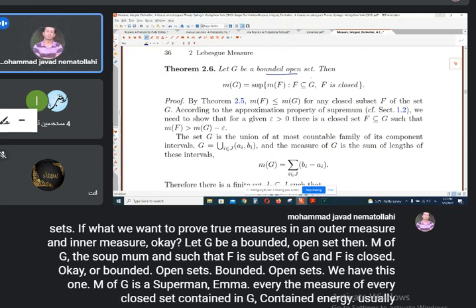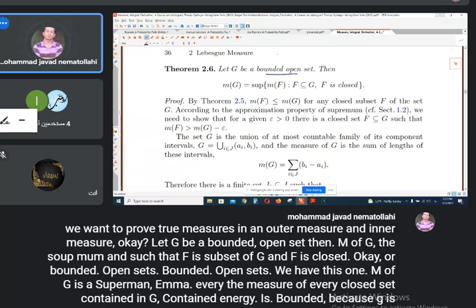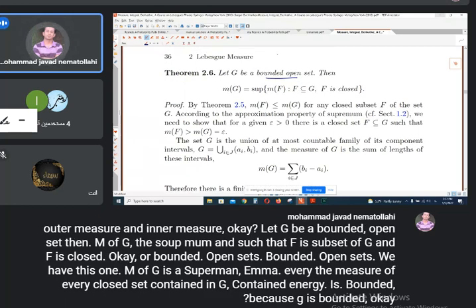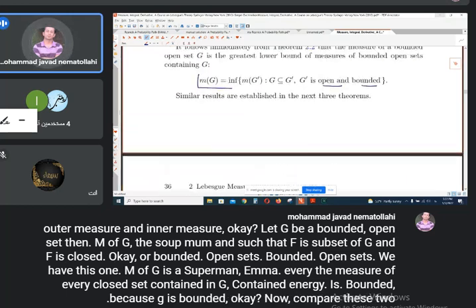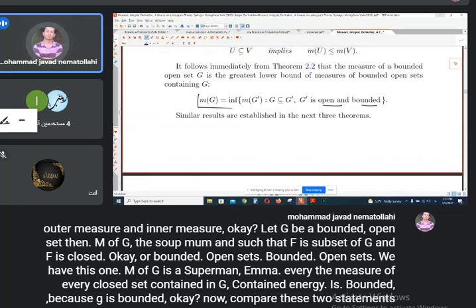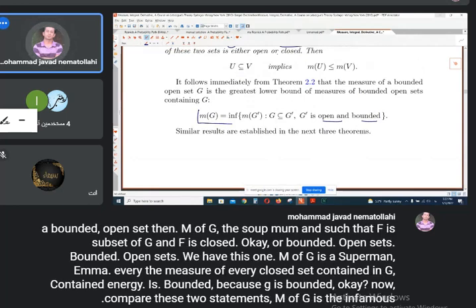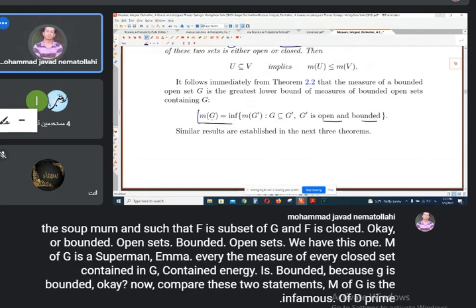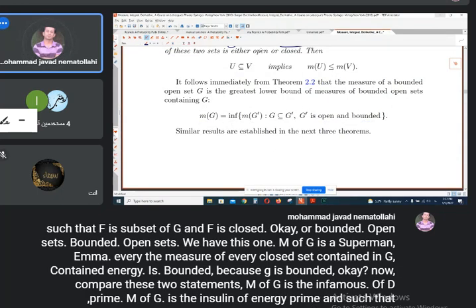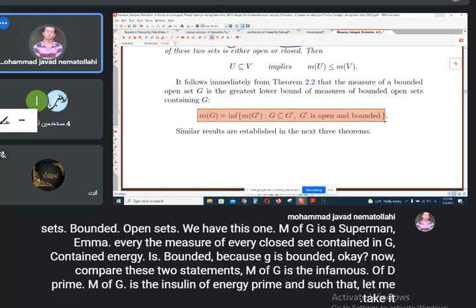Trivially, F is bounded because G is bounded. Now compare these two statements. Let me take it to the next page and you can compare this.